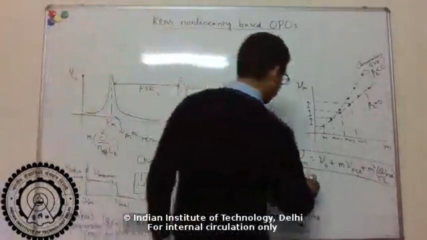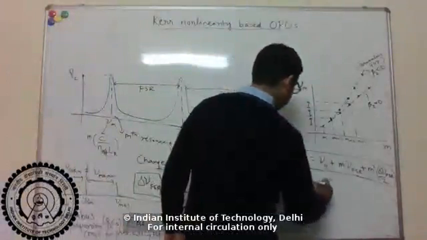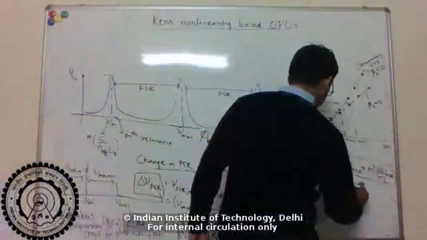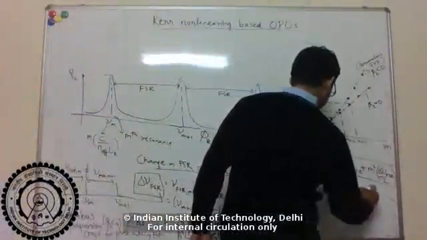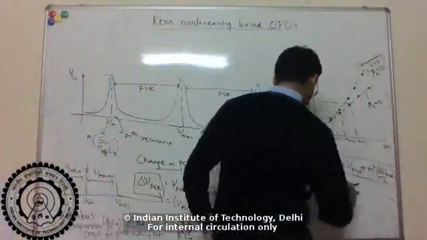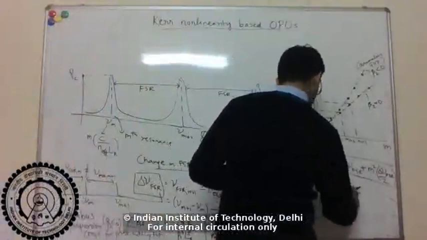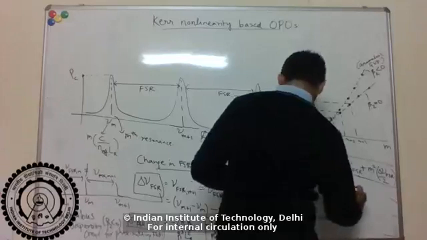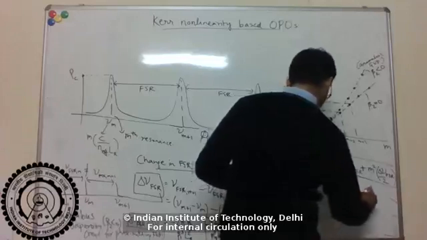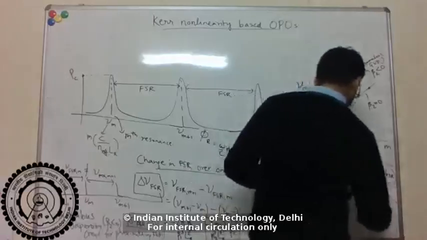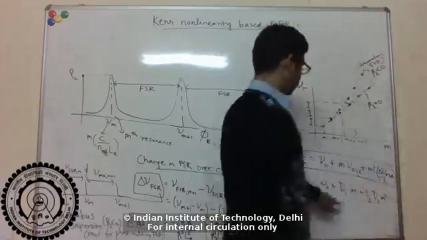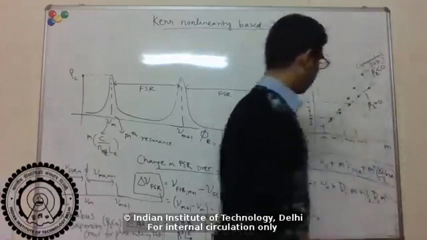Sometimes you can also write it in terms of angular frequency. Omega m is some omega naught plus m times omega FSR. This is sometimes referred to as D1 times m, plus this second order term, which is referred to as D2.